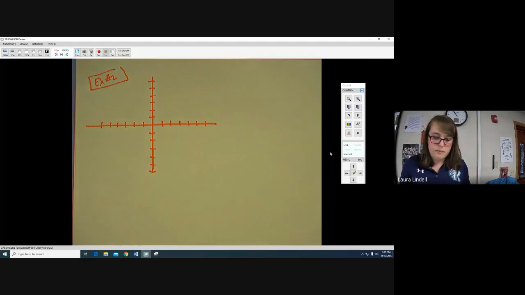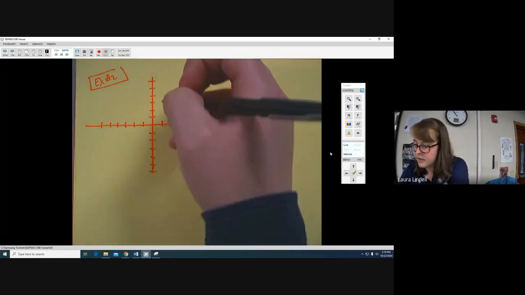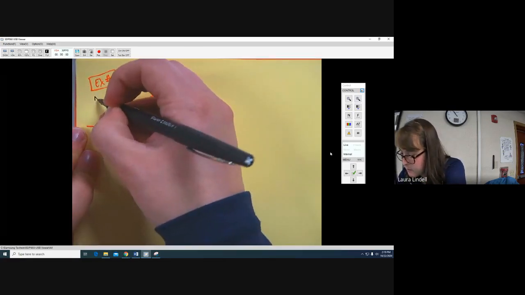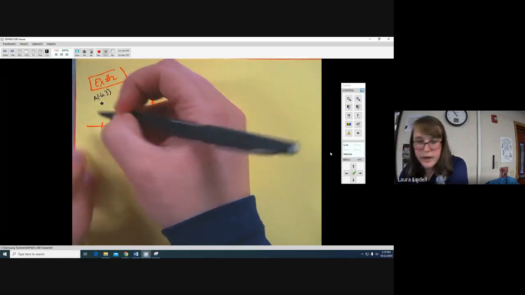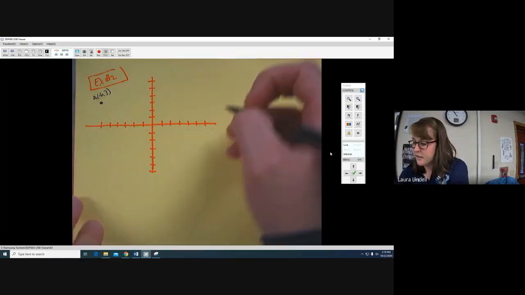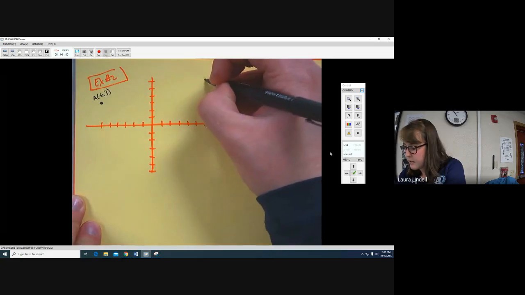And for this one, my first point is going to be negative 6, 3. Over negative 6, up 3. Second point is going to be 6, 6. So over 6, up 6.